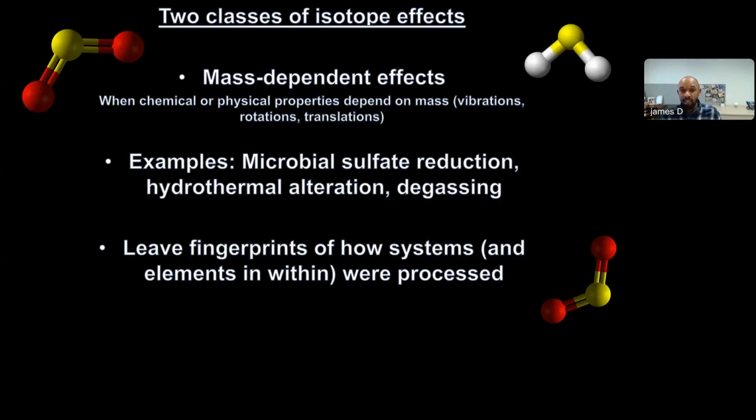And so some clear examples of this process on the moon would be sulfur degassing, where you have a preferential loss of either 34S or 32S that results in a fractionation that's strictly dependent on the mass of the molecules involved. And ultimately, as we assess mass-dependent fractionations, we find that various rocks that we analyze have fingerprints of how systems were processed and how the elements within them were processed.